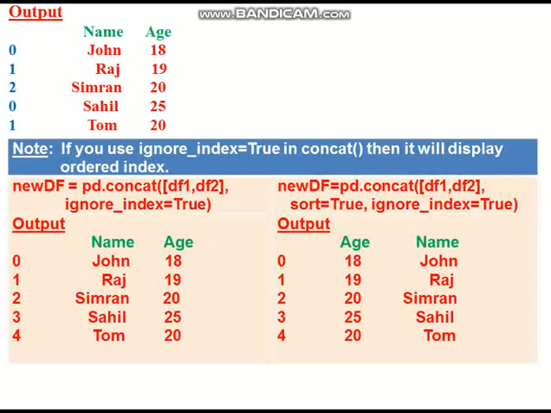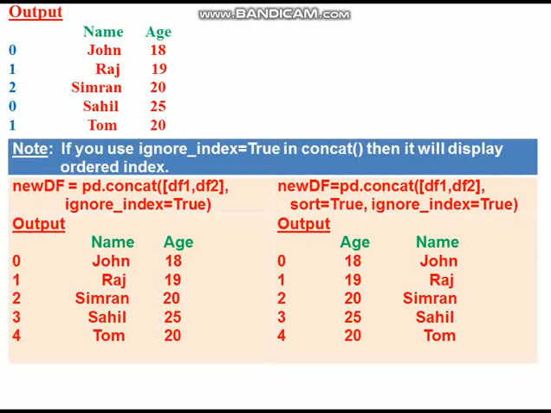So sort will arrange the columns. Let's see the output. In the output, the column age will appear first, then name, because the alphabet A comes first and then N. That's why age first, then name, and the rest of the values remain the same.